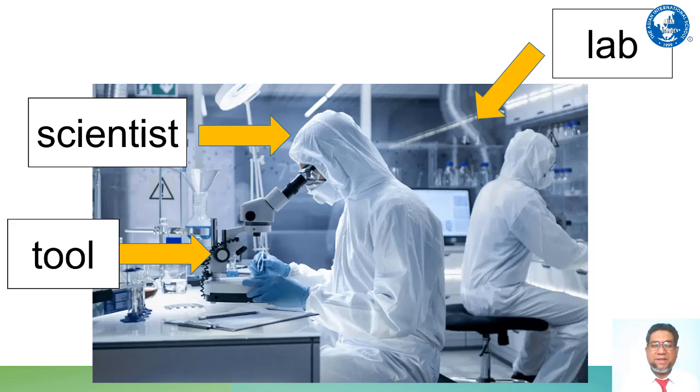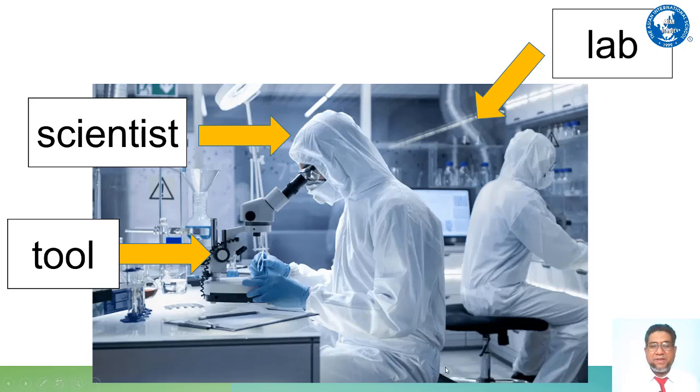Who is the person using the tool? That is correct. It's the scientist. And where does the scientist work? That is correct. A scientist works in a lab, and he works with tools.